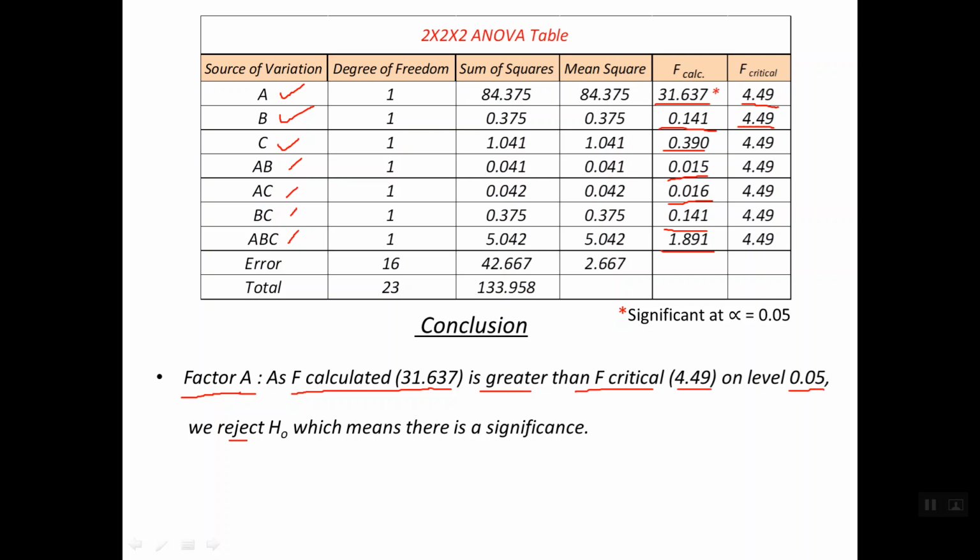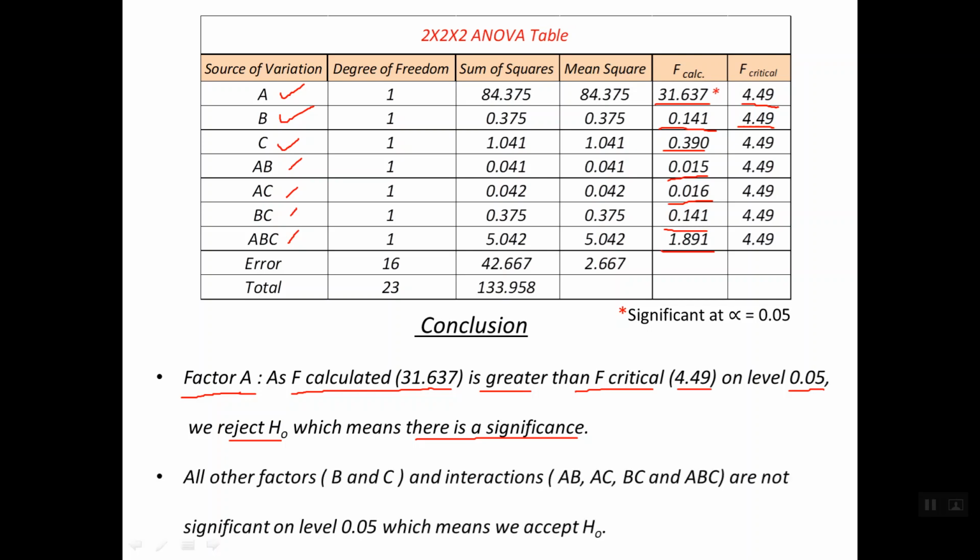So we reject the null hypothesis and accept the alternative one, which means that there is a significance, and simply this means that the mean for A1 is not the same as the mean for A2.